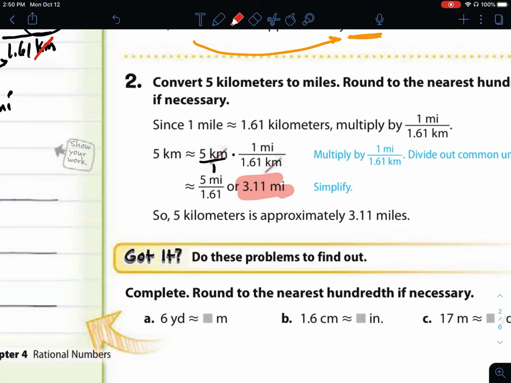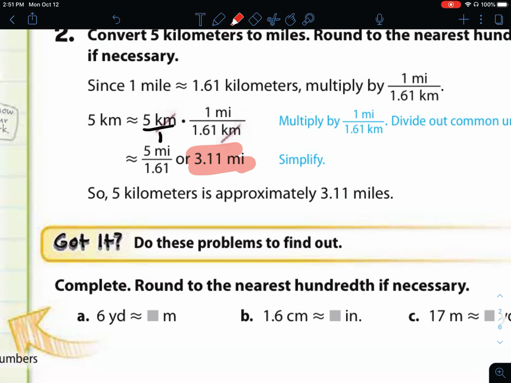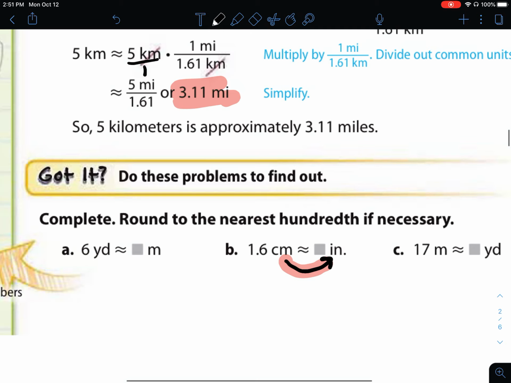So let's take a look at the got it part, and let me do one for you before I let you do the others. Okay, let's do letter B. Letter B is 1.6 centimeters, and we want to convert it into inches. So first things first, I'm going to write 1.6 centimeters over 1, and I'm going to multiply this with a conversion factor where centimeters is at the bottom and inches is on top.